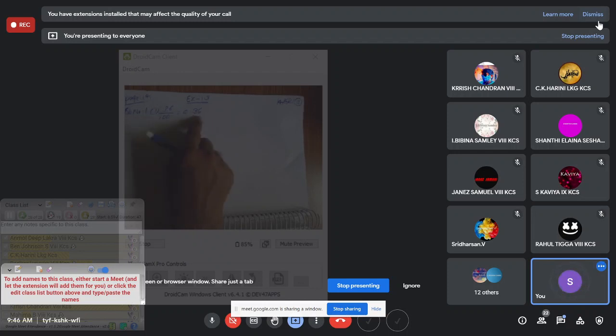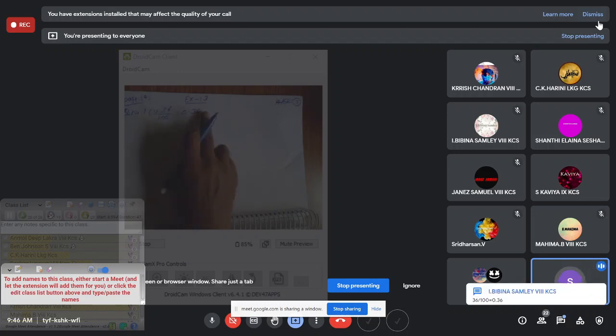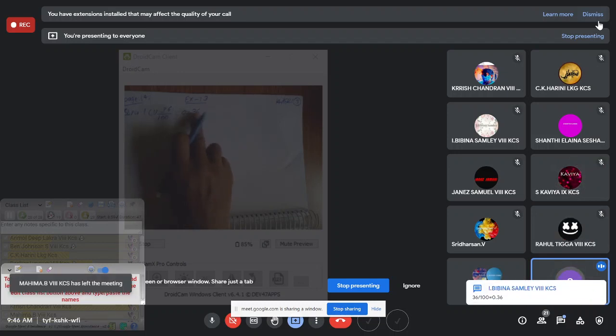How many zeros are there in the denominator after 1? 2. So we write the numerator as it is. We count the digits from the right side. How many digits after which we keep the decimal point? Based on the number of zeros after 1 in the denominator. Here 2 zeros are there. So after 2 digits, very good.